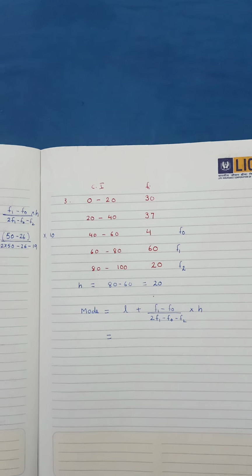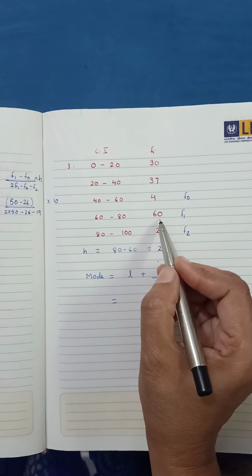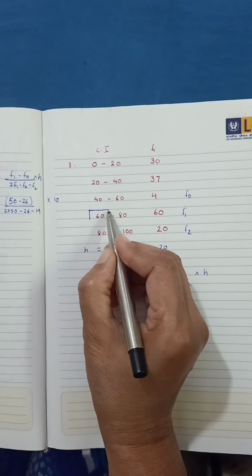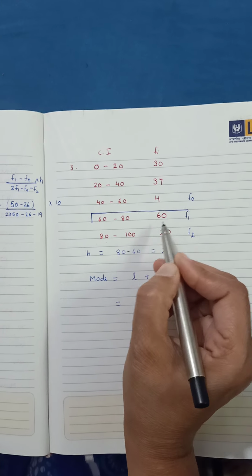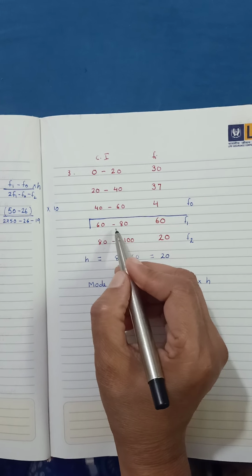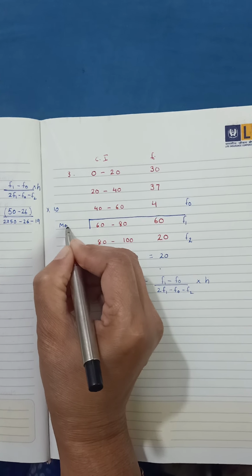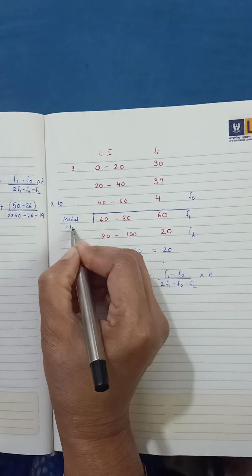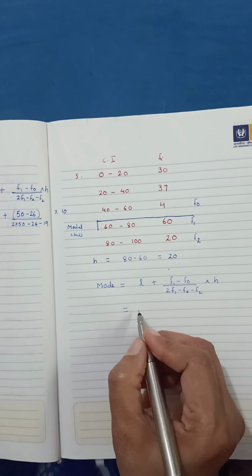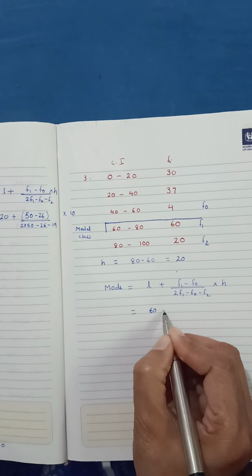We have to check which is the highest frequency. Highest frequency is 60. So what is your modal class? 60 to 80. Don't say 60 is the modal class. Modal class means class interval. So what is the class interval? 60 to 80. So this is modal class. And if this is modal class, the value of L will be 60. So under L, write down 60.